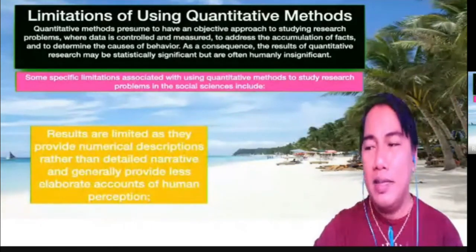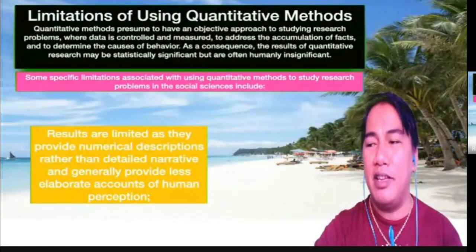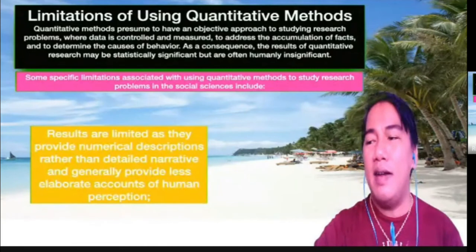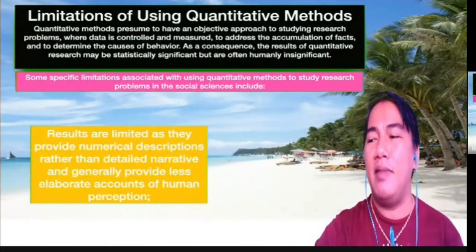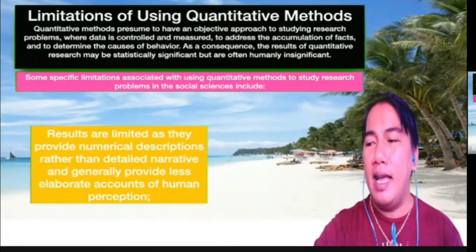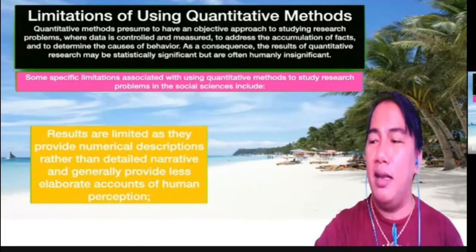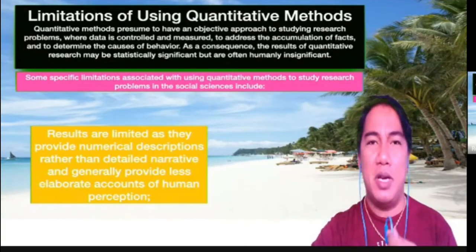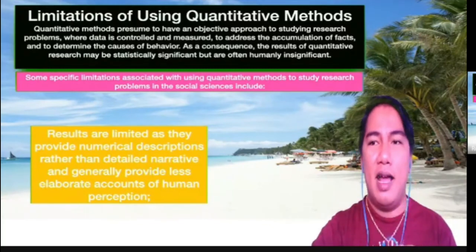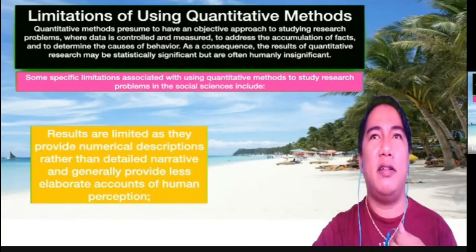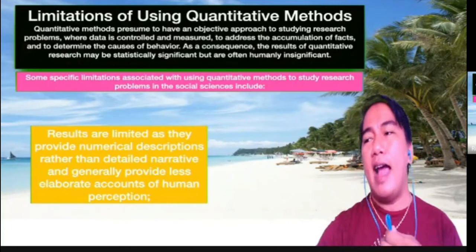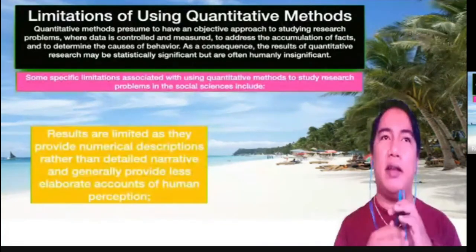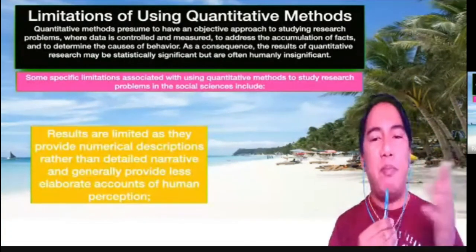The results are limited as they provide numerical descriptions rather than detailed narrative and generally provide general or less elaborate accounts of human perception. Okay, same explanation na lang din. Okay, kaya naman ang ginagawa natin, we replicate the study.